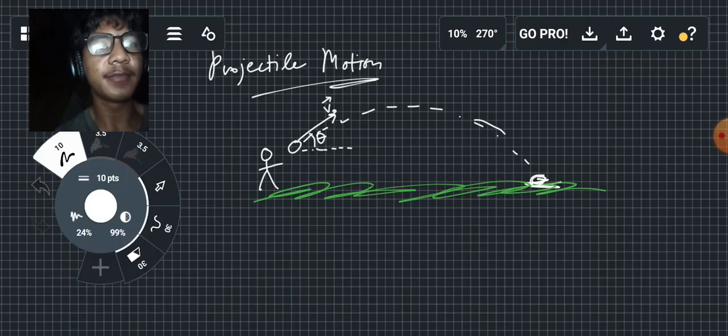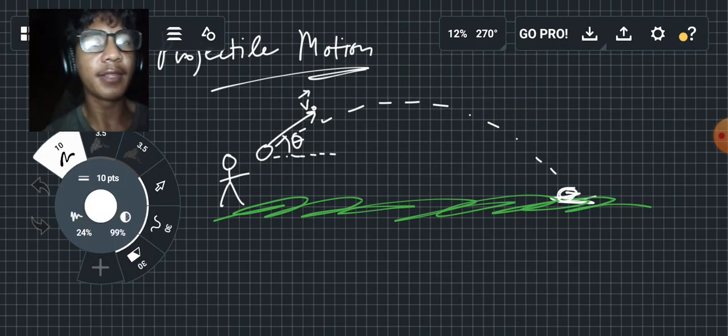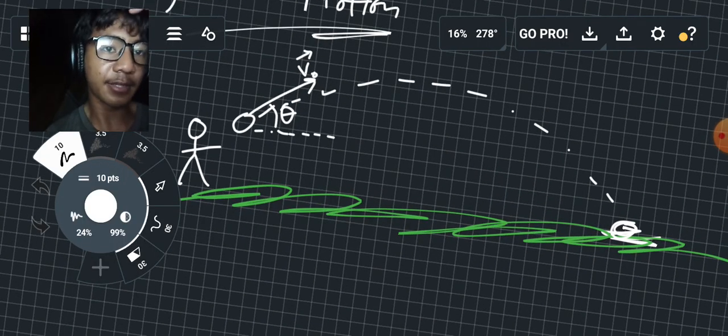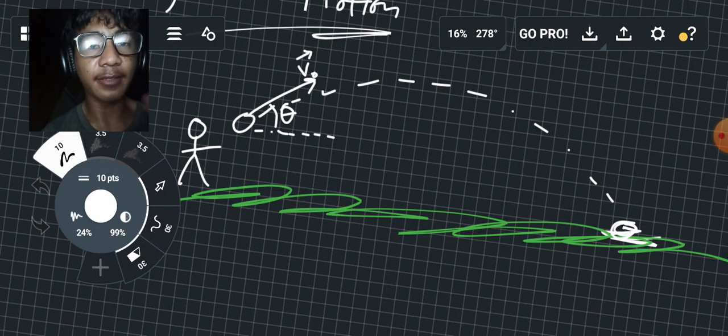So what we have now is the angle theta and the initial velocity vector.